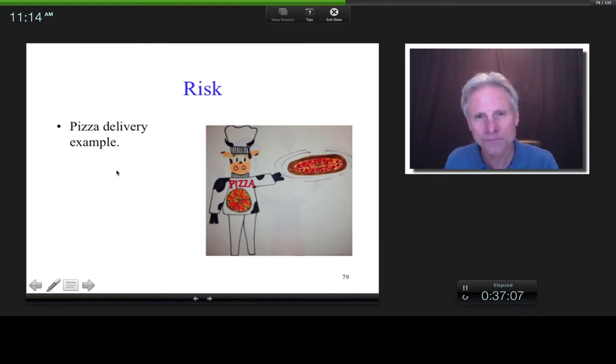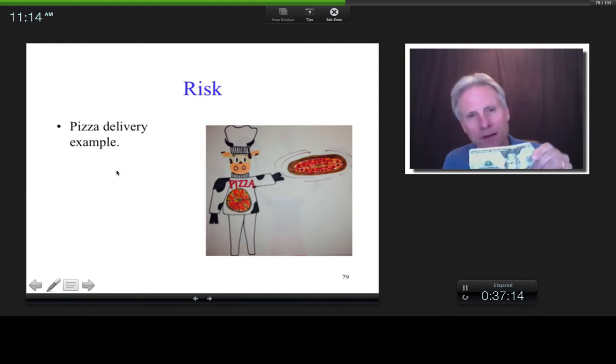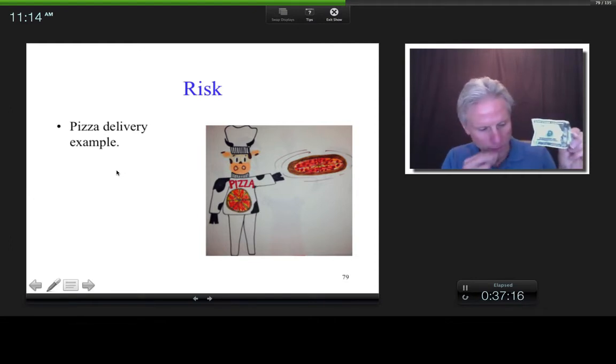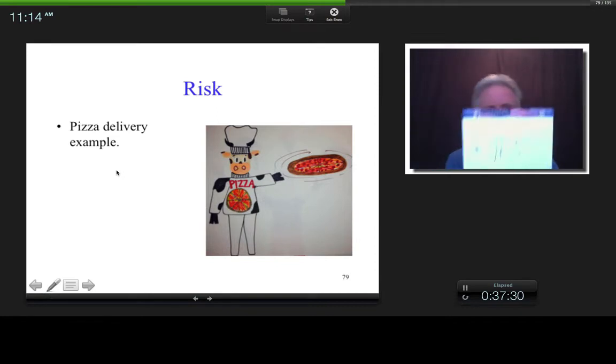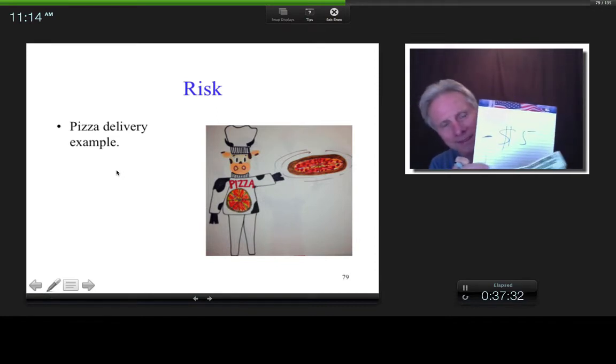And let's say a large pizza costs, say, $20. But I've got this coupon that says, hey, minus $5, right? That's my coupon, $5 off.